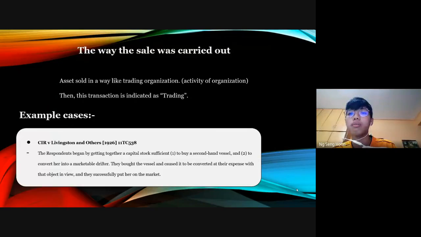This can be determined as the nature of trade, because they purchase and sell a large quantity of the whiskey, which is just like the nature of trade. So for that case, we can use this theory also. Next.